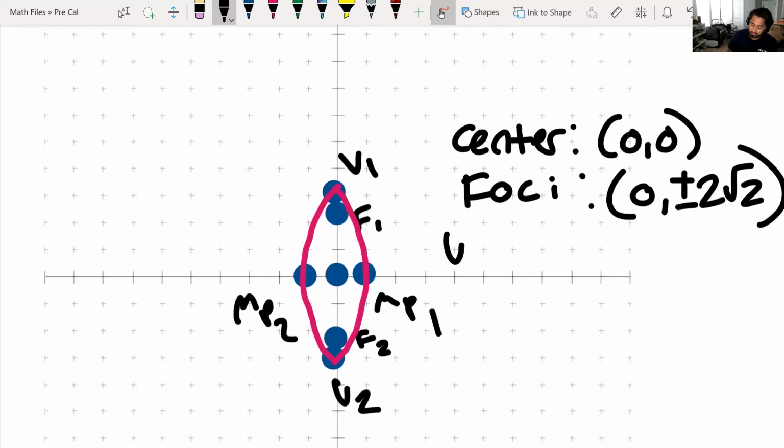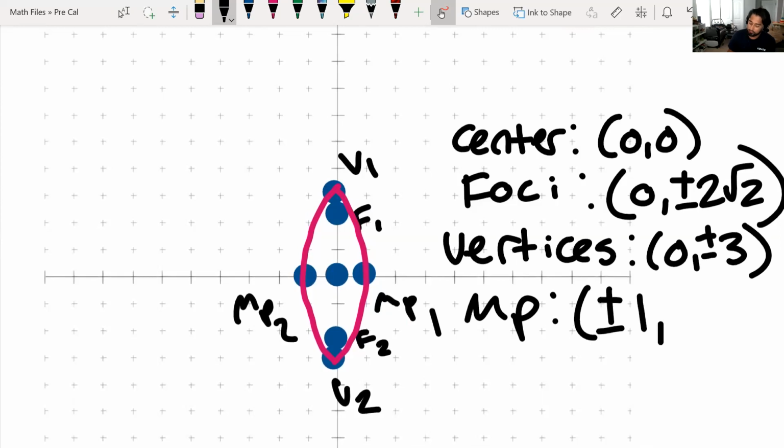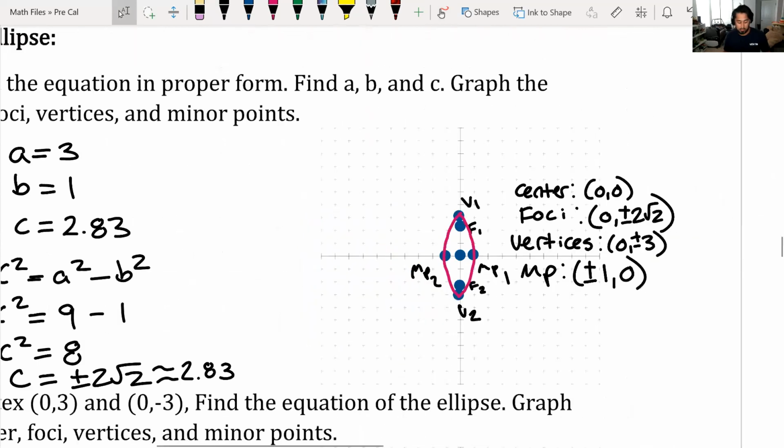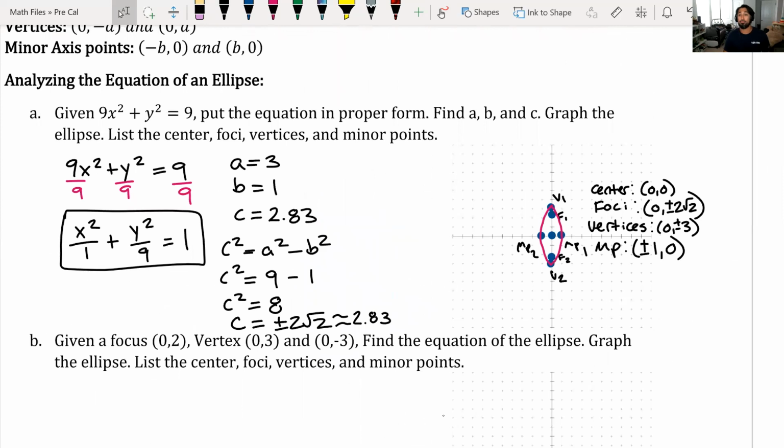And then vertices, we're at 0, plus or minus 3. And minor points, we're at plus or minus 1 and 0. Okay. And that's an ellipse with the major axis being the y-axis and center at the origin.